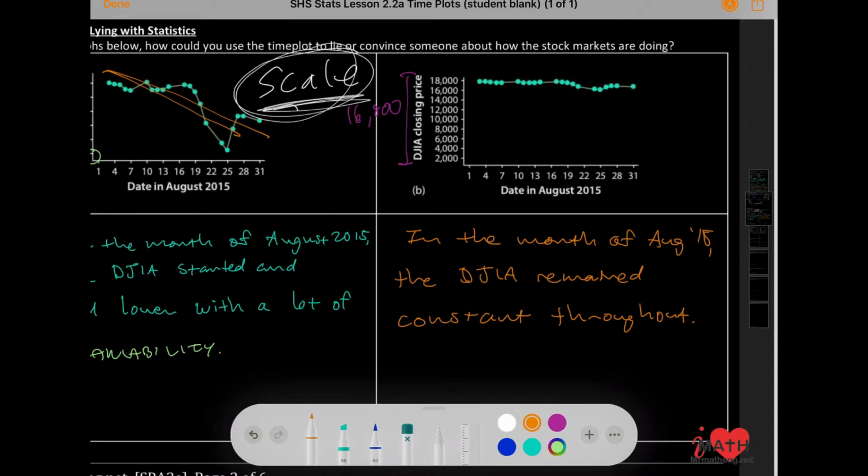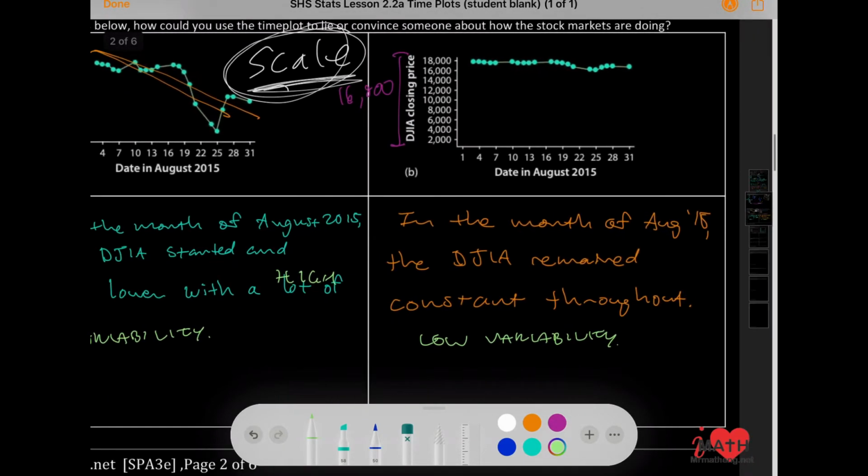This one we'd probably say has low variability. This one, that's high, right? So many changes are happening. This one we're kind of saying no changes are happening. And that's how you can lie with statistics.